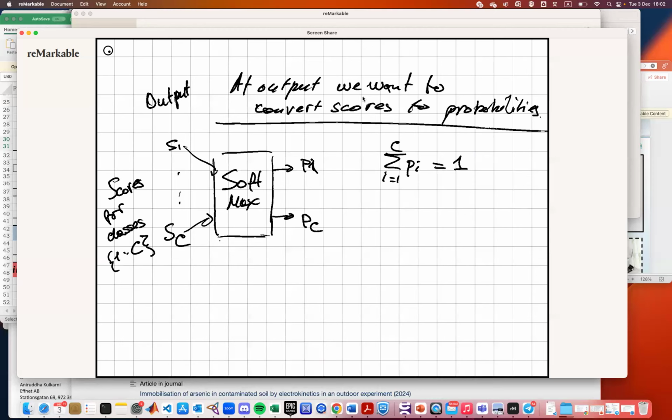And this softmax, let's denote it as S, is defined as follows.